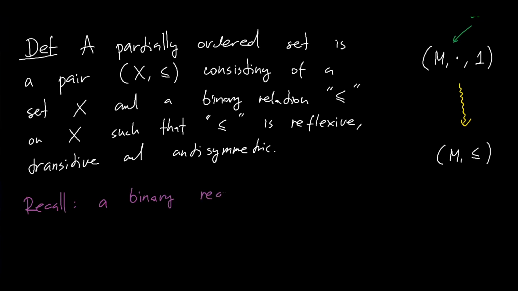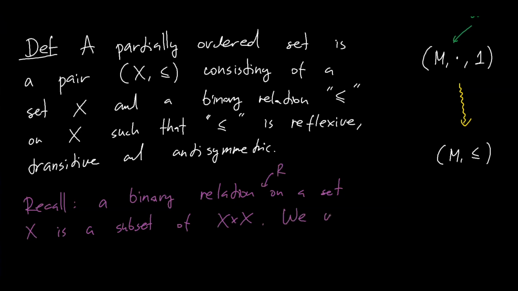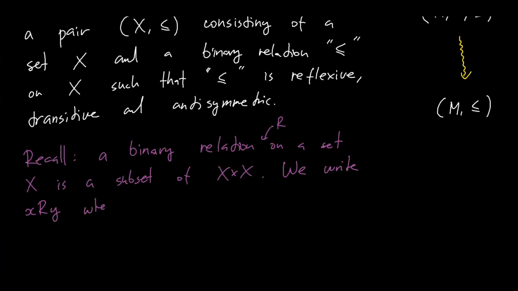A binary relation on a set X is a subset of X cross X. So if we call the binary relation R, then we write X R related to Y when X, Y, the ordered pair, is an element of the relation.